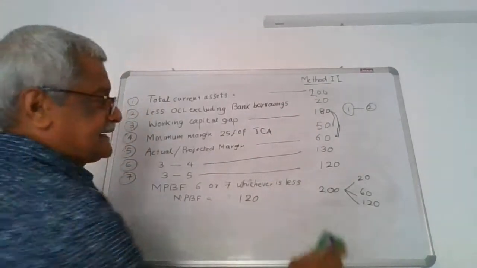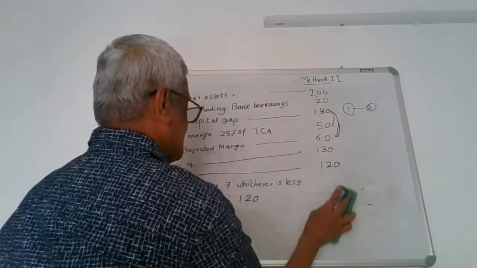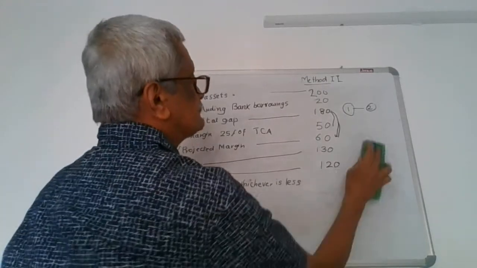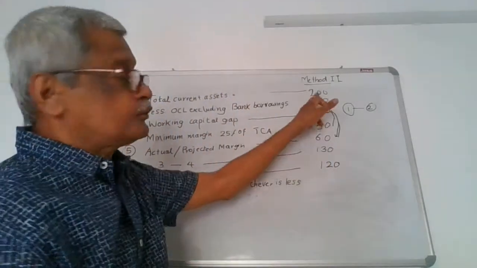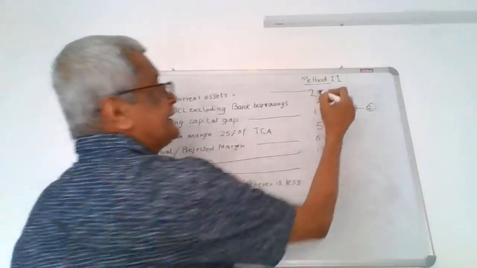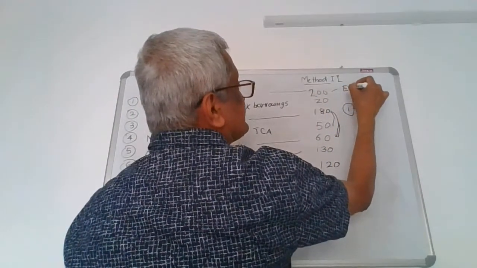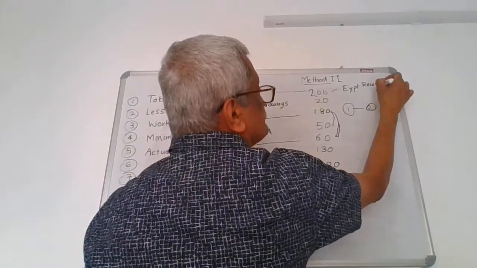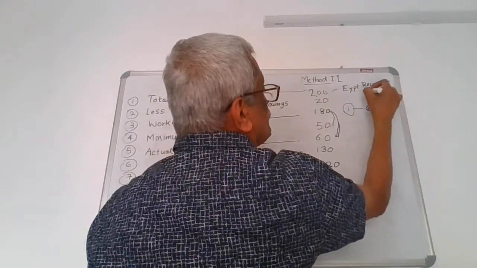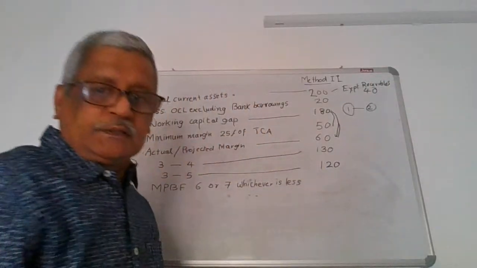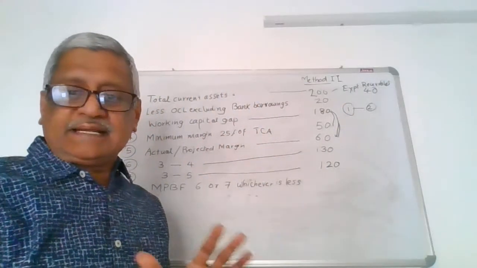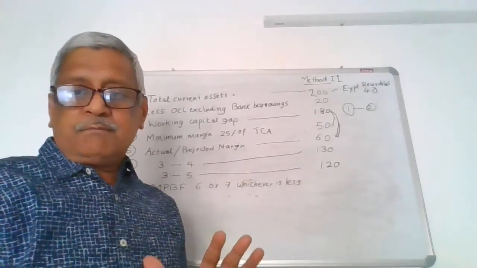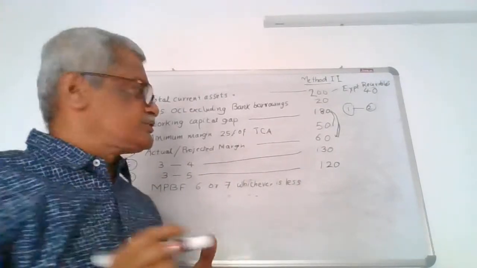Now look at the next case where there are some export receivables. Assume that out of the 200, it includes export receivables of 40. I have explained to you that there is no need for an exporter to bring in margin towards export receivables.